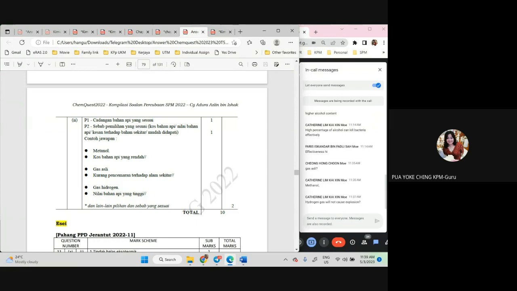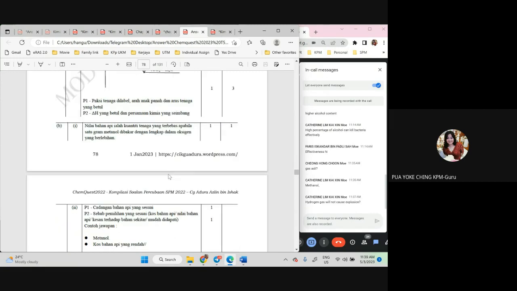Gas hidrogen macam Catherine kata dia akan explosion. So, pada keadaan di mana everything ada keburukan, you choose that one and you only mention the kebaikan. You janganlah sebut dia punya keburukan. Okay? Because only 2 marks, right? Hanya 2 markah.